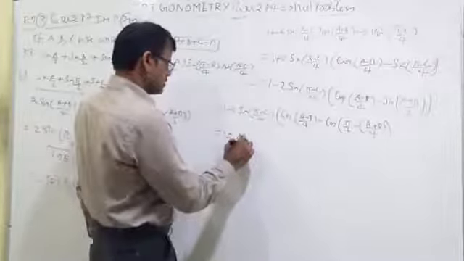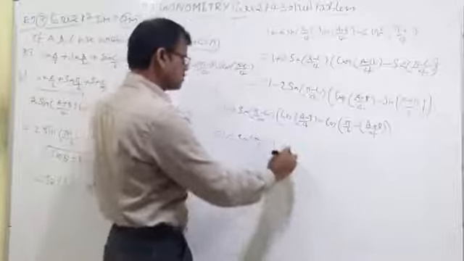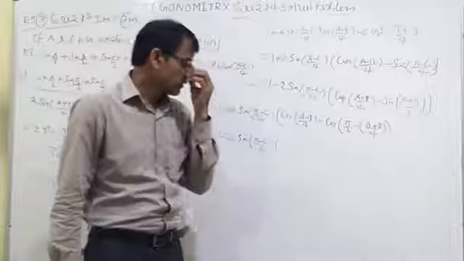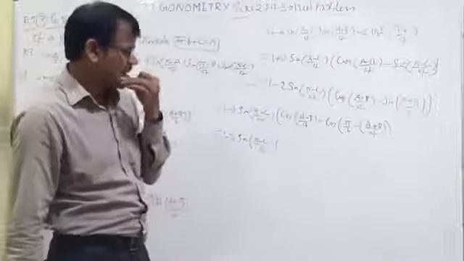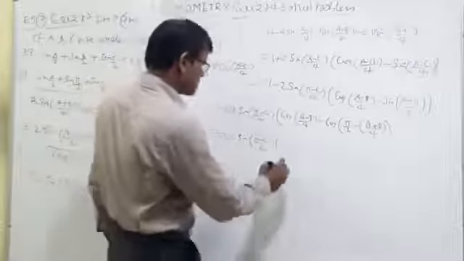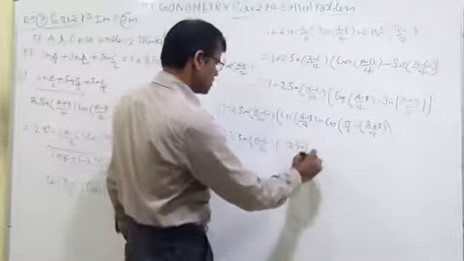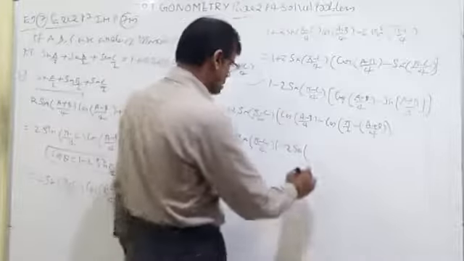Now this is 1 minus 2 sin of pi minus c by 4 into, apply the formula cos c minus cos d. So it is minus 2 sin c plus d by 2 sin c minus d by 2.